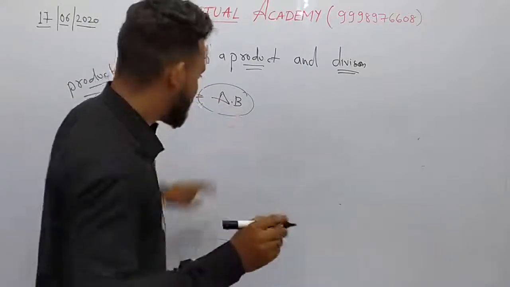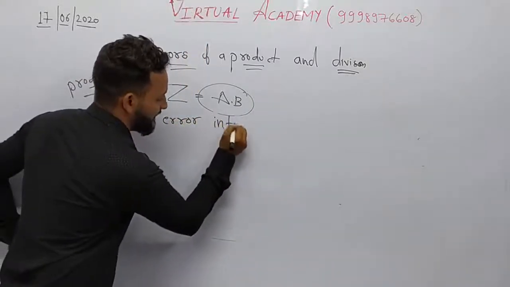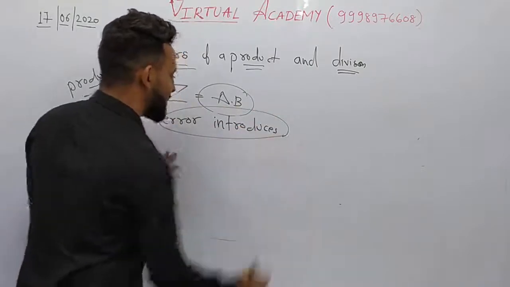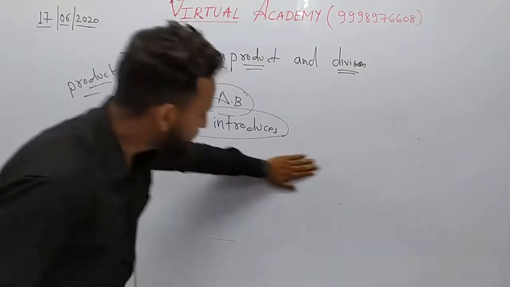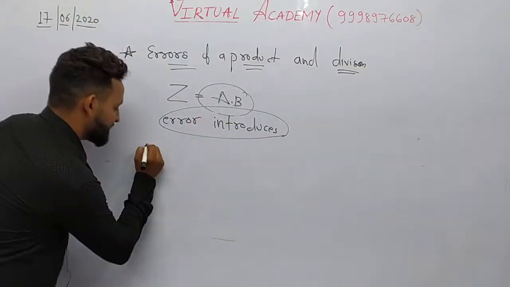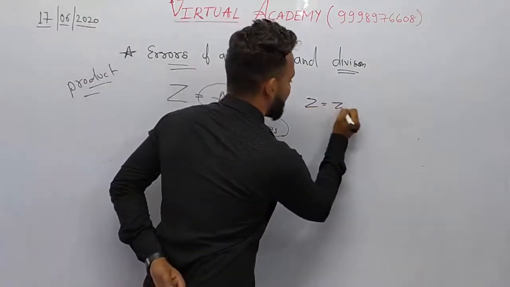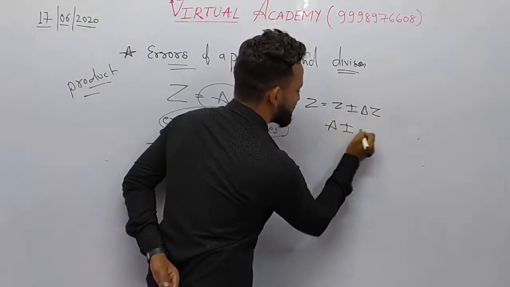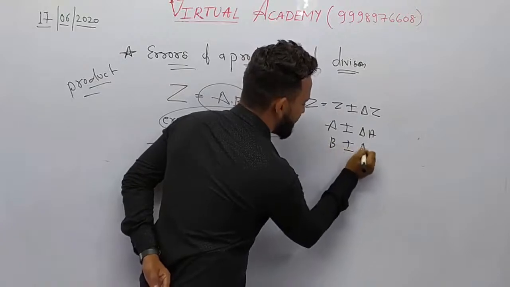But when error is introduced, this equation becomes like what? For Z it is Z plus minus delta Z. For A it is A plus minus delta A. For B it is B plus minus delta B. Clear?